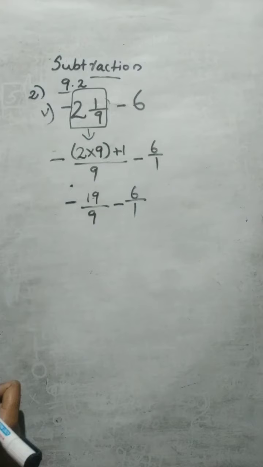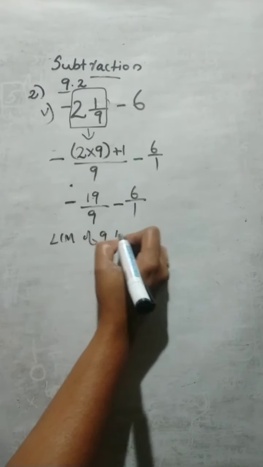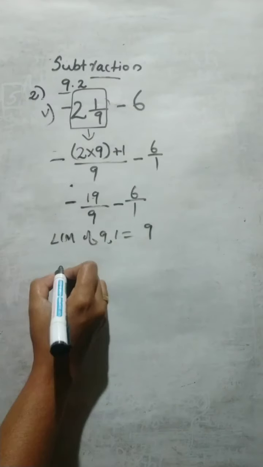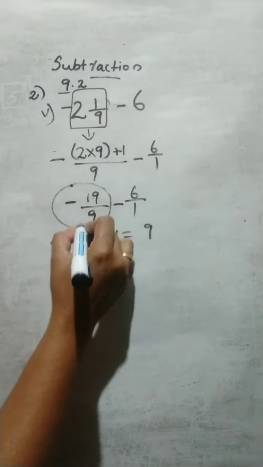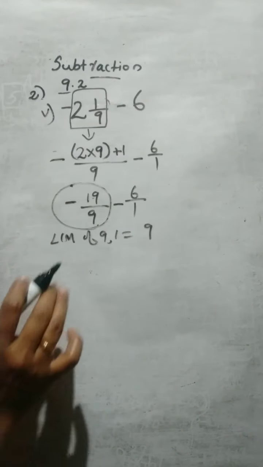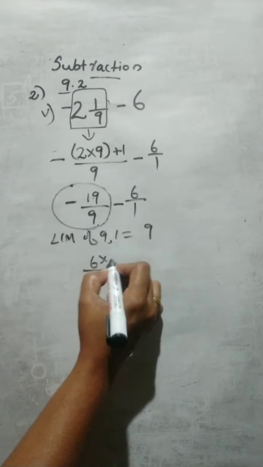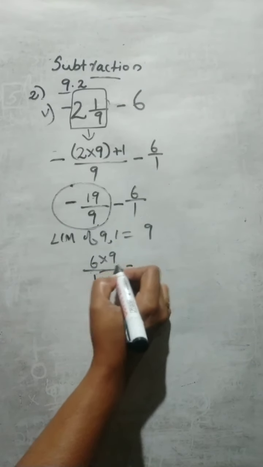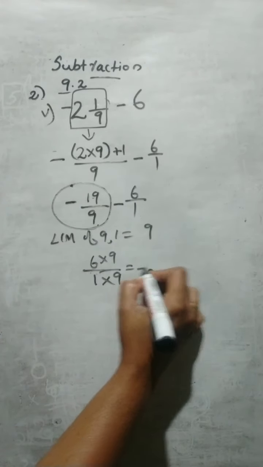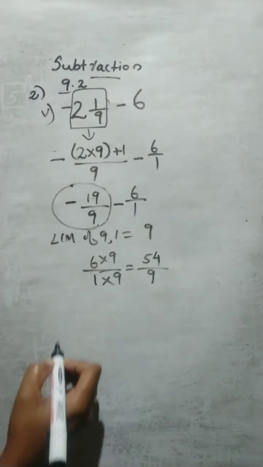After that, as usual, we have to find the LCM of 9 and 1. That is equal to 9. Then negative 19 on 9 is carrying 9 as the denominator, so we don't want to bother about that. Next, 6 on 1 times 9 over 9. Now the denominator is 9. 6 9s are 54.